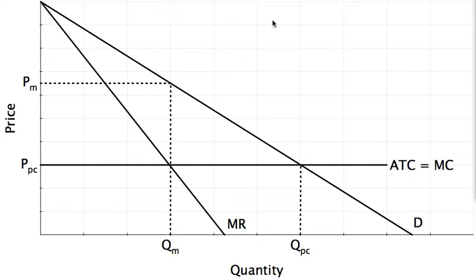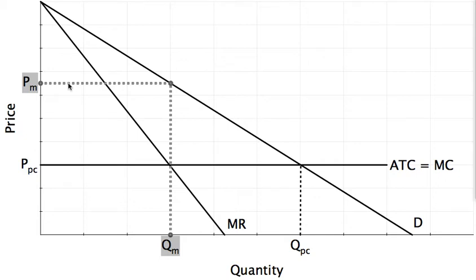Remember, profits are the difference between total revenue and total cost. So to find the area of total revenue, what I need to know is price and quantity. If I multiply price and quantity together, I get total revenue. So this entire rectangle here that's bounded by the X and Y axis and QM and PM is the total revenue.